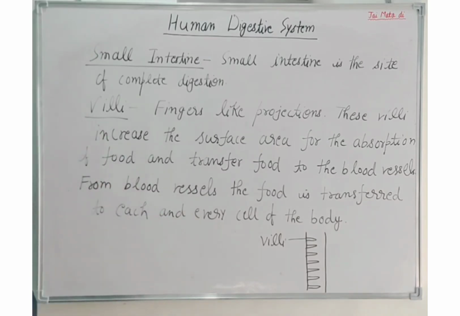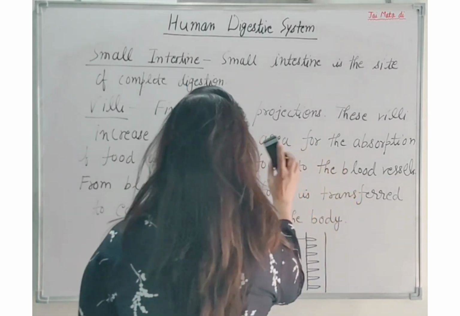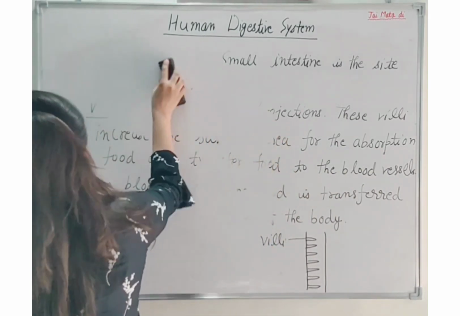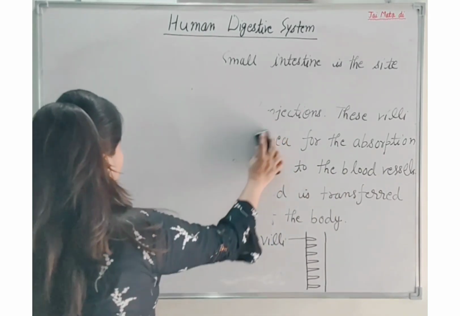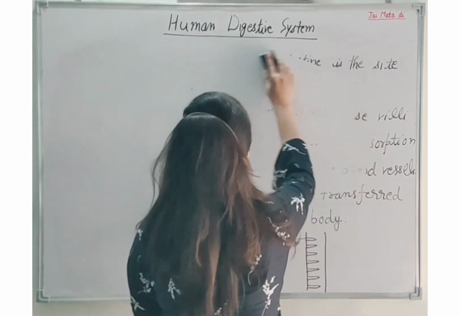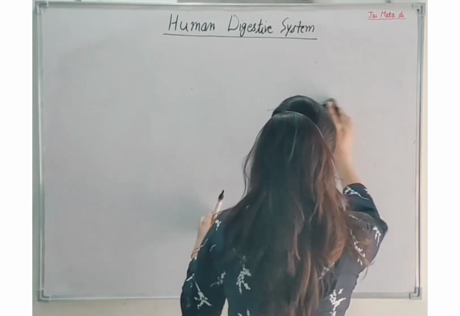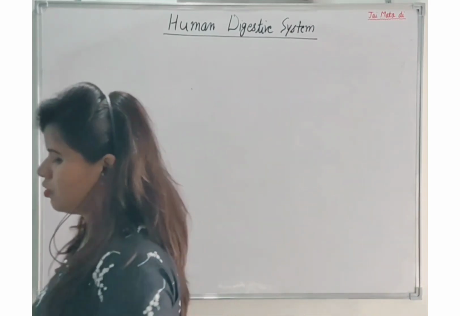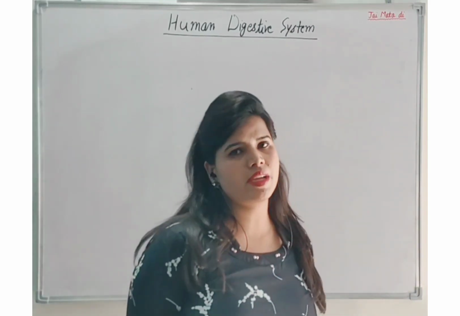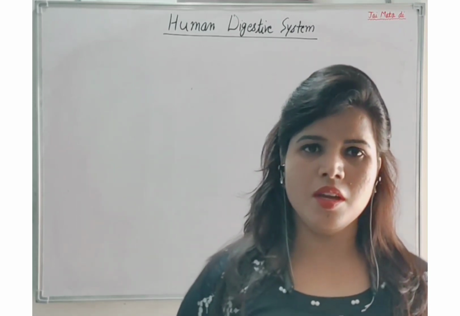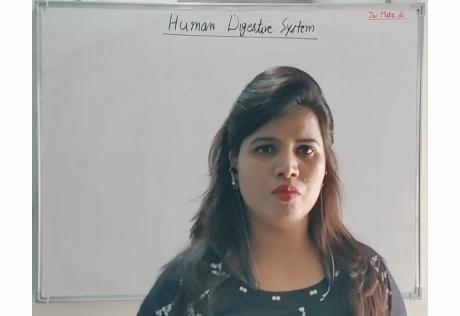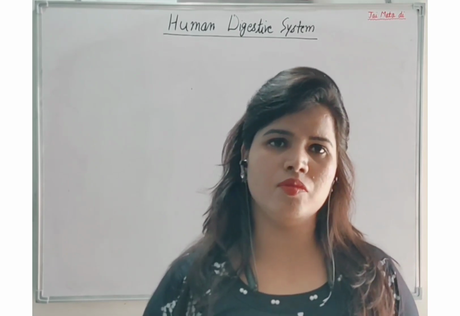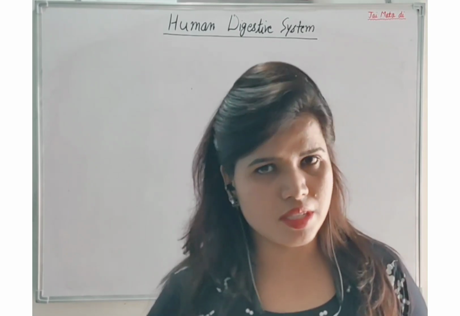Now let's come to the large intestine. You know what? Most of the food will be digested in the small intestine, but a few part of the food will become undigested. Now this undigested food will be transferred to the large intestine.